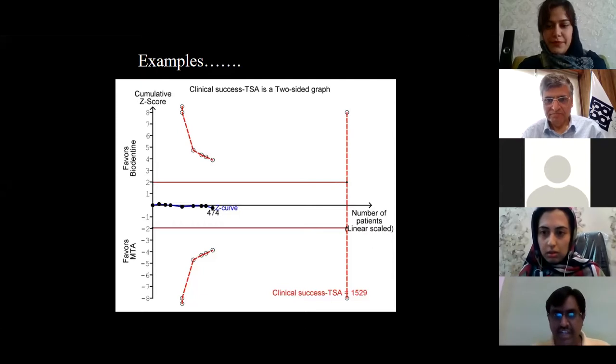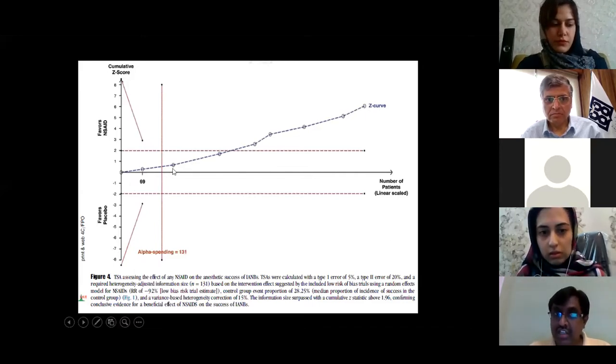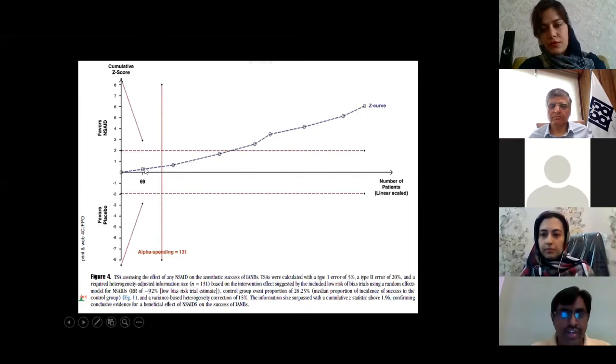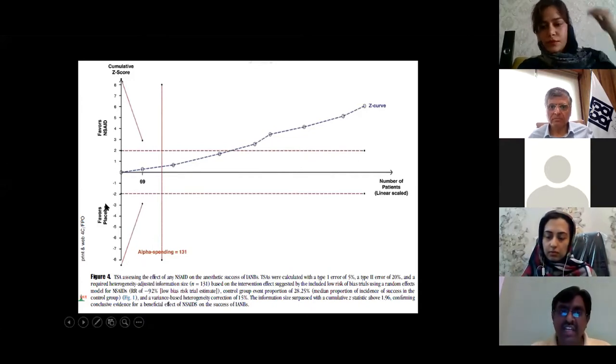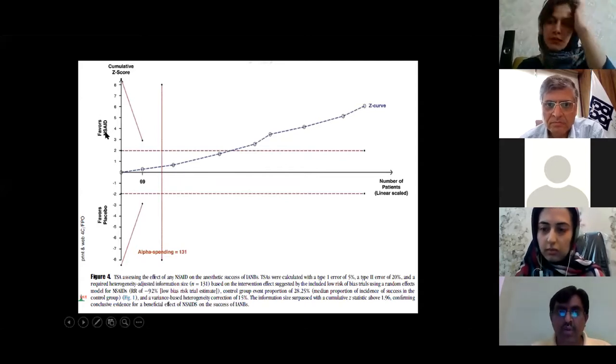I will show you the next slide. See, how is this? It has already crossed. See, my expected number of samples is 131, whereas in all the studies I have crossed my Z curve here. So it means you need no further randomized clinical trial. So here I am comparing NSAID with placebo. This is my two arms.